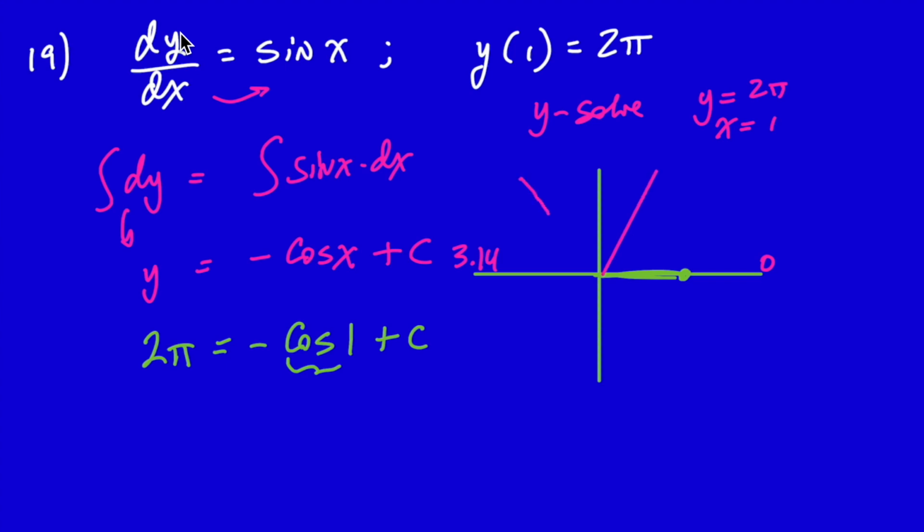That would be 2 radians. And this would be 3 radians plus a little bit more to get to 3.14. So what we're looking for is the cosine of this angle right there, which we're calling 1 radian. So it's going to be approximately that distance.